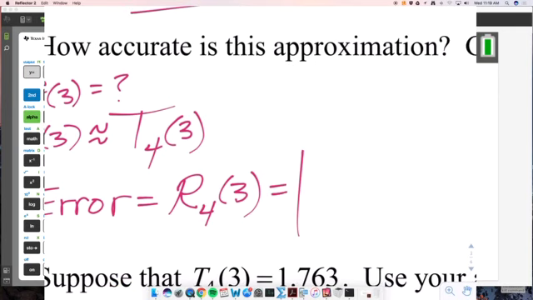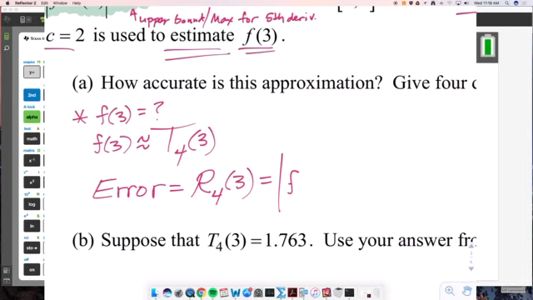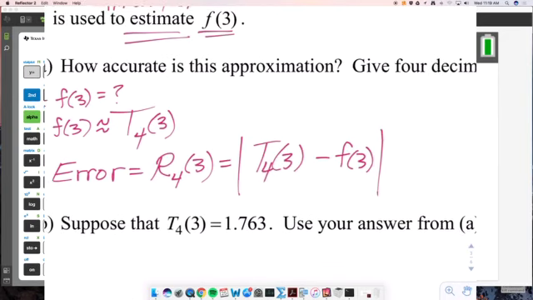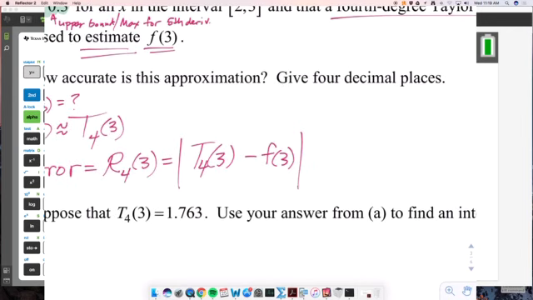It's going to equal the absolute value of, well, let's do it the other way around, T sub 4 of 3 minus f of 3. Or you could flip that around. We're taking the absolute value of it, right? That's the actual error. What we want to do is figure out what the upper bound is for that.